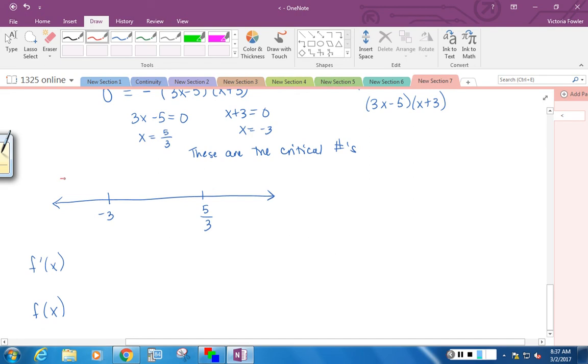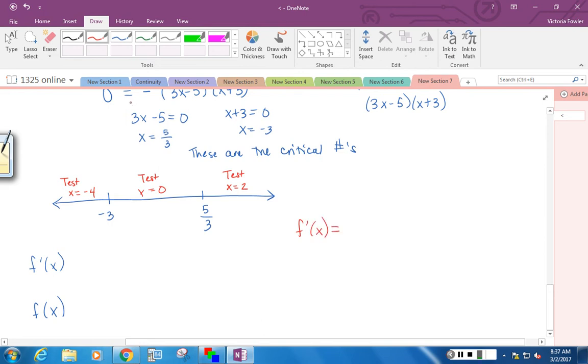I'm going to test something to the left of -3, so how about -4? And I'm going to test something between these two x values, so let's test 0. And let's see, 5/3 is 1 2/3, so let's test x equals 2. What I'm doing is plugging into the factored form of my derivative.